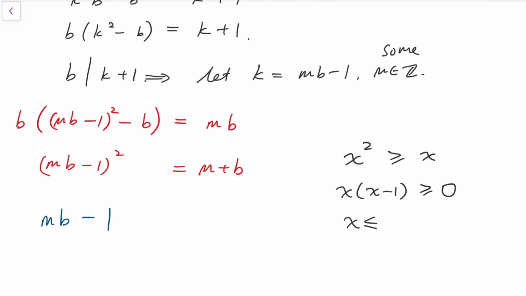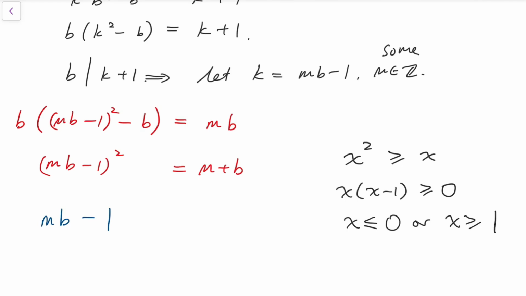So either x is less than or equal to 0, or it's larger than or equal to 1. Now, however, we know this x is actually an integer. If it's not an integer, then it's possible that x squared is less than x, say, for example, x is 0.5. But when x is an integer, the fact that x is less than or equal to 0 or larger than or equal to 1 covers all the possible integer cases.